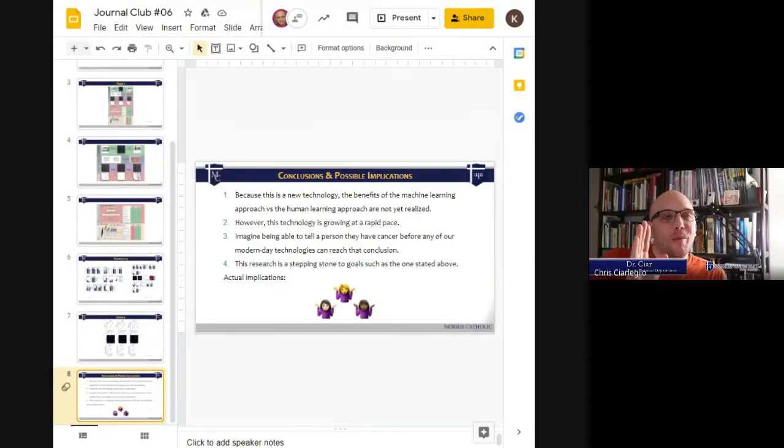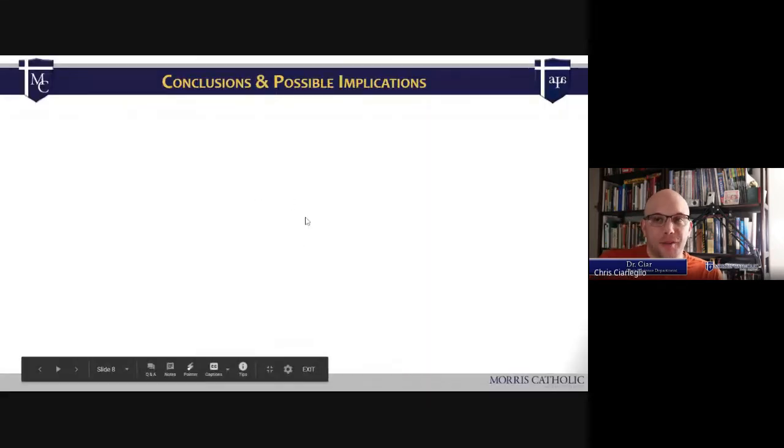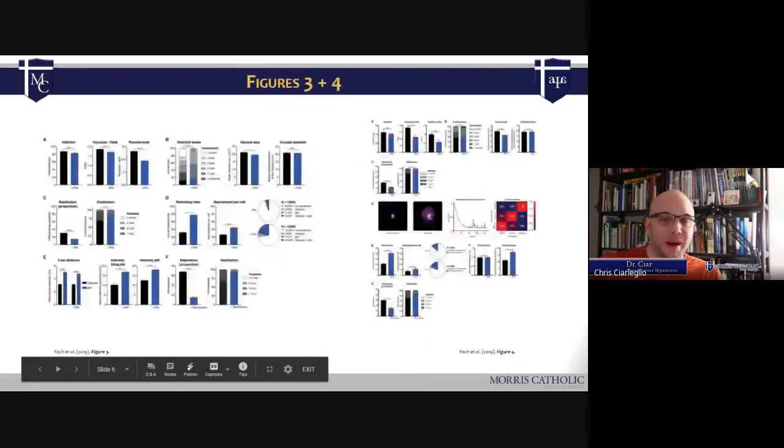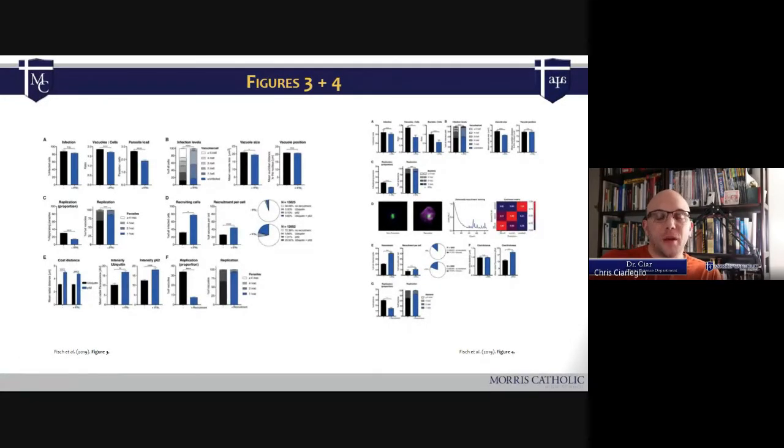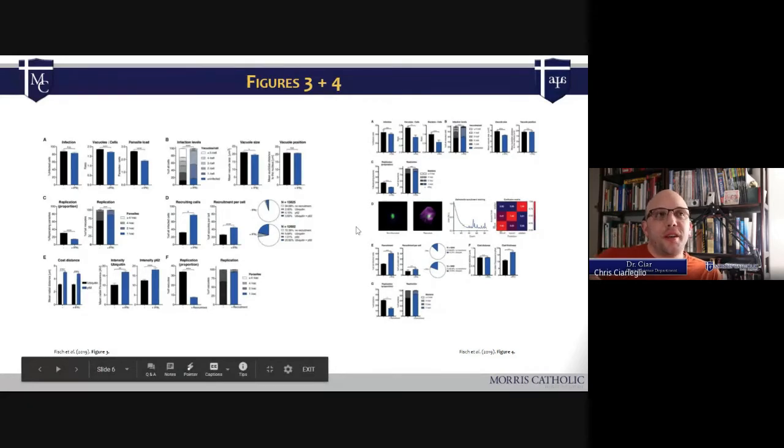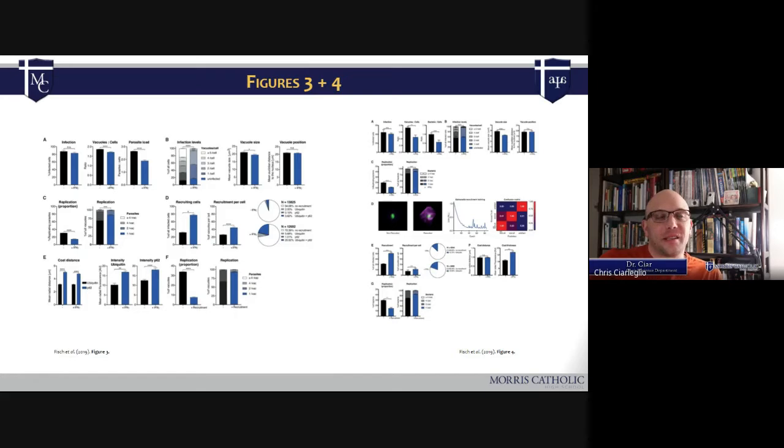Wait. So go back to figures 3 and 4. We talk about when generating a hypothesis, the most basic hypothesis for anything is this is different from that. What should have been the this and what should have been the that in this study?